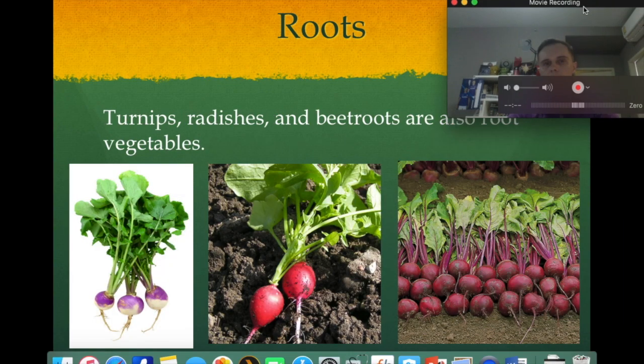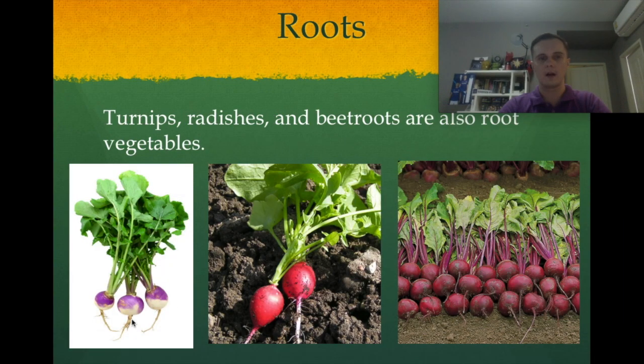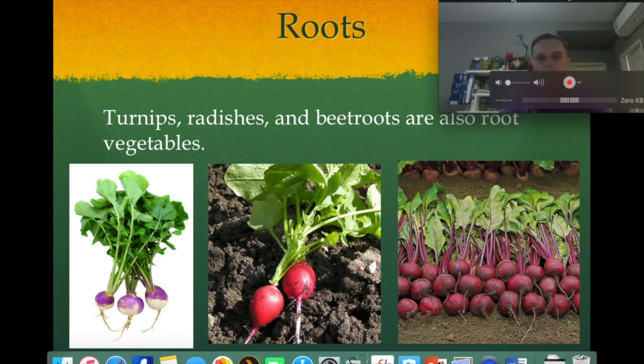Other examples of root vegetables are turnips, radishes, and beetroots. So these are all plants, and the part that we eat, the turnip, the radish, and the beetroot, they are actually the root of the plant. So these grow inside the soil underground. Okay.